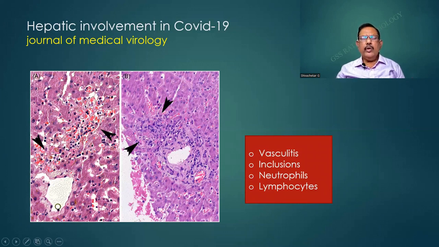And it is not a chronic inflammatory process as in hepatitis B virus. So there will be an acute inflammation also that is present. So vasculitis, inclusions within the cells, neutrophils, and the projections of lymphocytes. You shall be remembering these. Kindly explain from the picture yourself. Switch off my mic and then you try to explain.